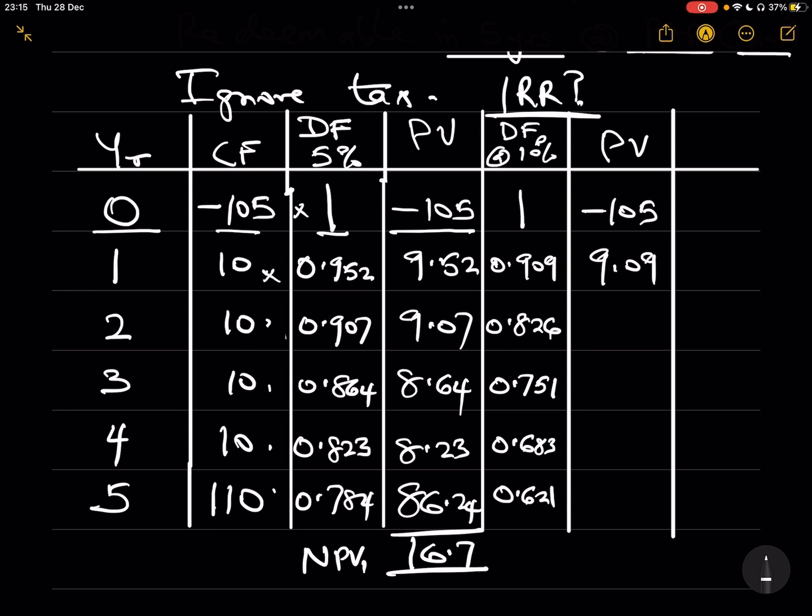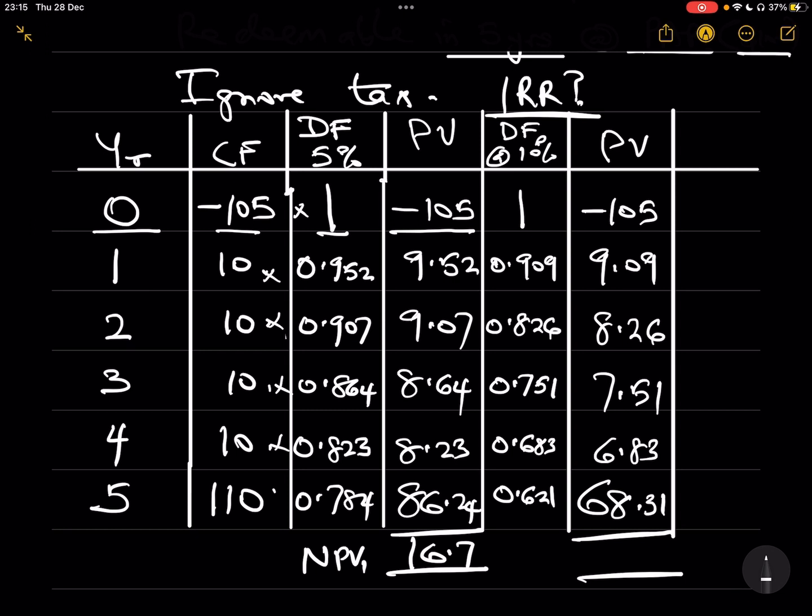We're still going to multiply the cash flow by the discounting factor, right? 7.51, 6.83, then 0.621 times 110. That's the next one we have to do. That's 0.621 multiplied by 110, and that is 68.31. Then add everything together.